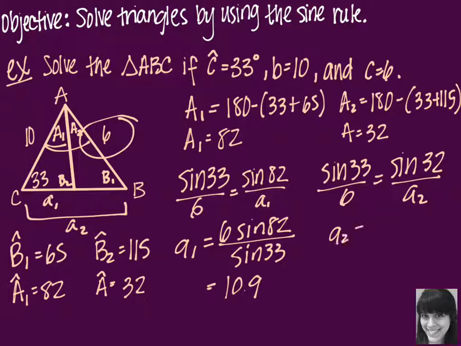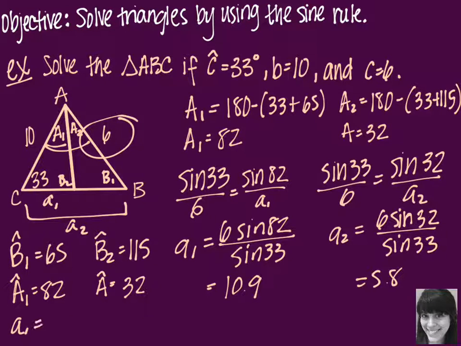We'll get A2 equals 6 sine of 32 over sine of 33. This equals 5.8. So A1 side is going to be 10.9. A2 side is going to be 5.8.